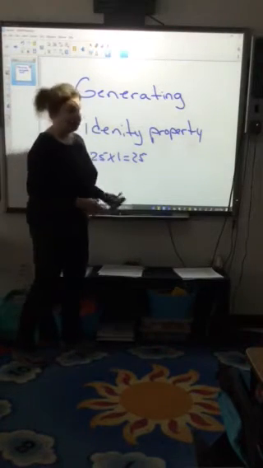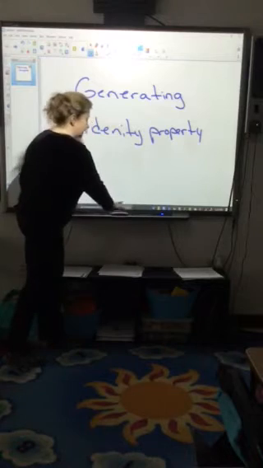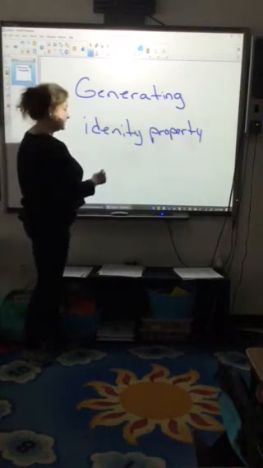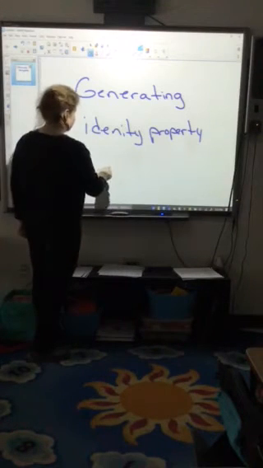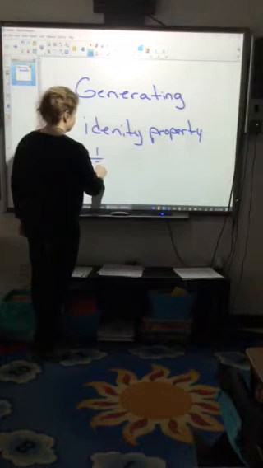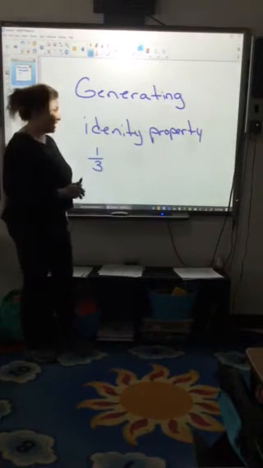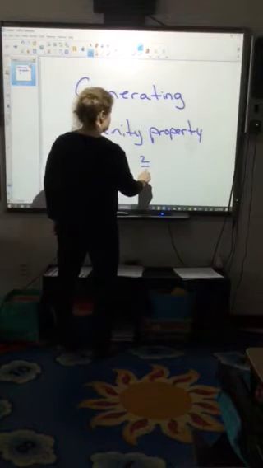Well, in fractions, the identity property works the same way, except I can get the fraction in the form that I need it in. So let's say that I have thirds, 1/3, and I need to compare it to 2/6.